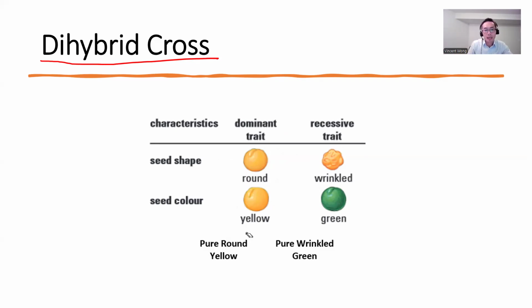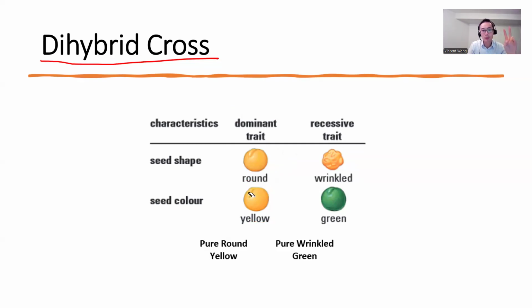So in this example that we're going to be doing in a second, we are once again looking at the pea plants that were used by Mendel in his pea plant experiment. We have two dominant traits here, which would be round being dominant over wrinkled, and yellow being dominant over green.